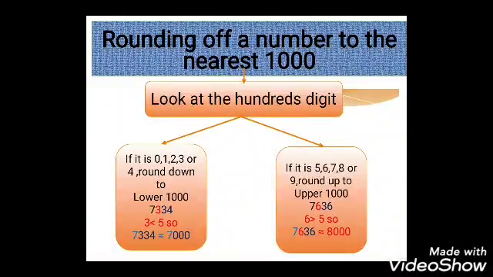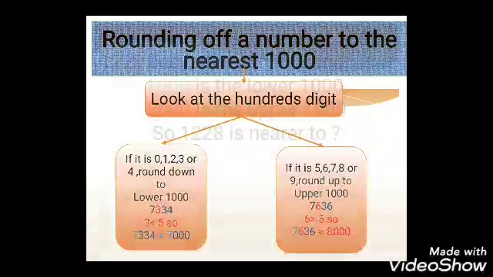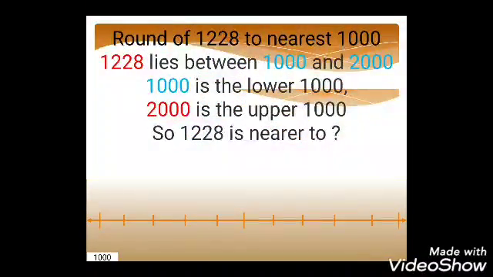So now we add 1 to the higher places and it becomes 8000. Let us round it on the number line. So we find out that 1228 is nearer to 1000. Now the range is 1000 to 2000.